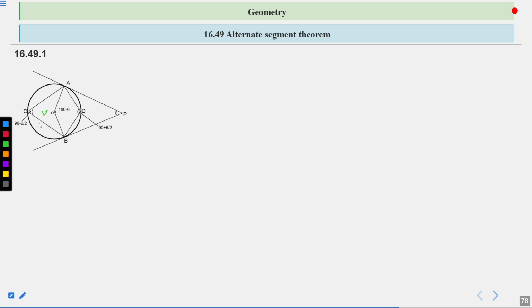If the angle at the point P is theta, then the angle at the center will be 180 minus theta, and angle C will become 90 minus theta by 2, and angle D equals 90 plus theta by 2. So angle ADB equals 90 plus theta by 2. Same way, angle ACB equals 90 minus theta by 2, and angle APB equals theta. Next one.